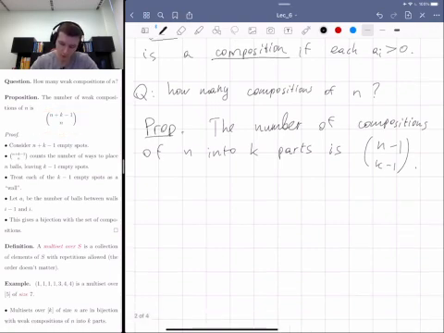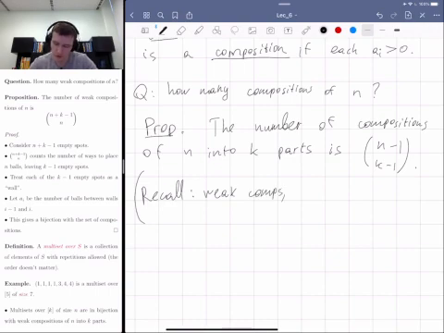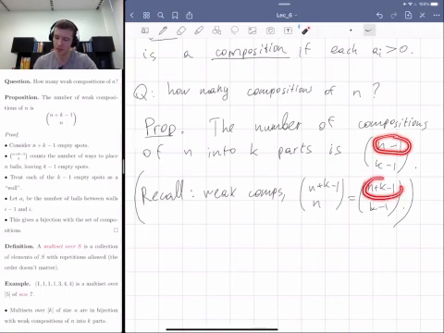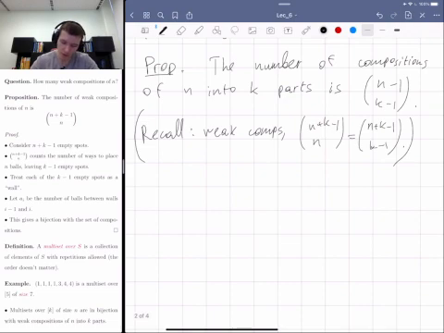Recall that for weak compositions, the formula was n plus k minus 1 choose n, which was the same as n plus k minus 1 choose k minus 1. So the k minus 1 part is the same, but the top part has decreased by k. The proof, as you said, is that we take a composition.